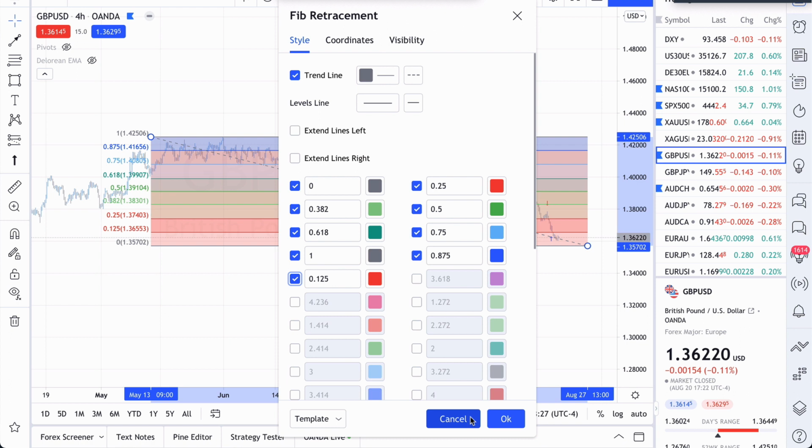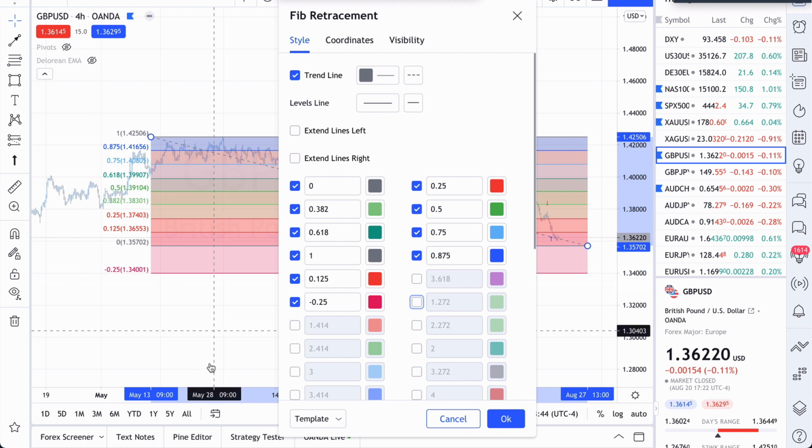That's it. I also add extensions. So beyond 1 is 1.25, and less than 0 is negative 0.25. You can add those too. You just put negative 0.25, and then it'll give you that. Does that make sense?